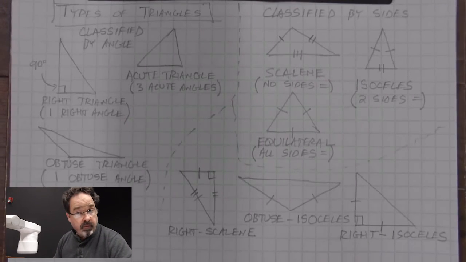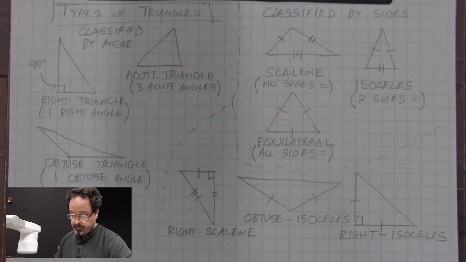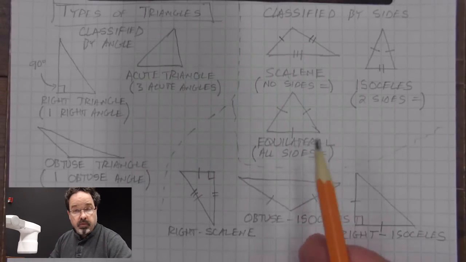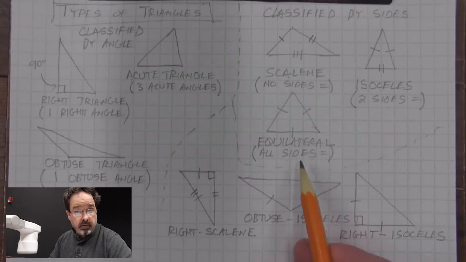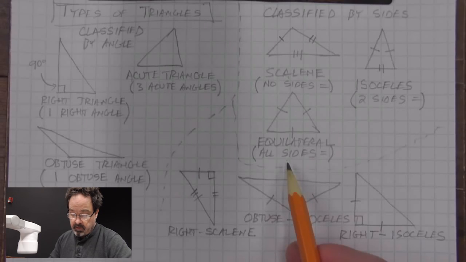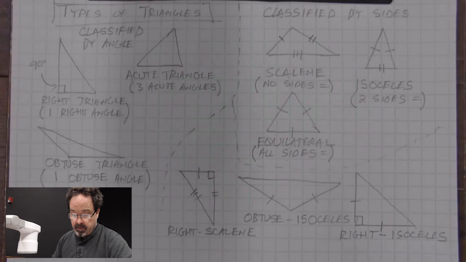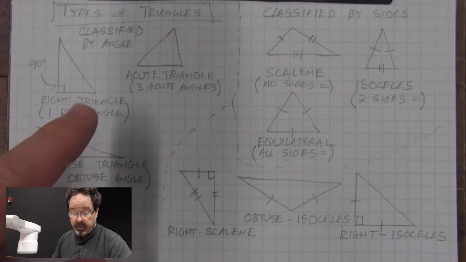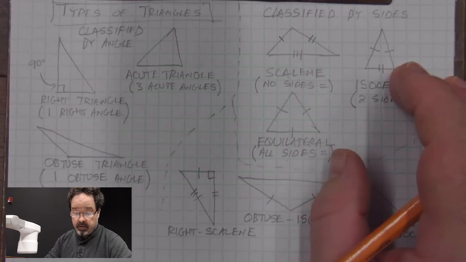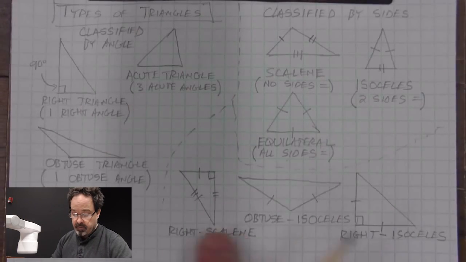We could also have obtuse scalene. We cannot have an equilateral triangle that is a right triangle as well. That's an impossible combination. So we have triangles and their names classified by angle, classified by side, and some of these combinations can be brought together.